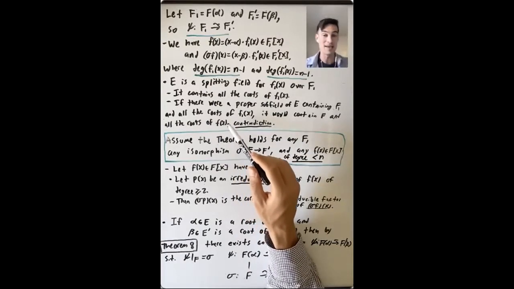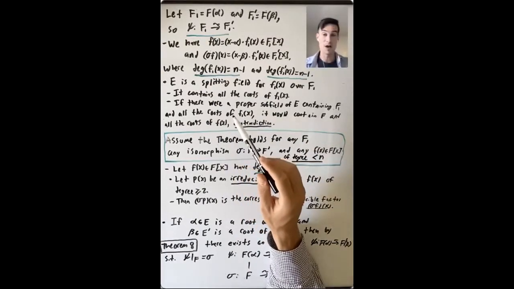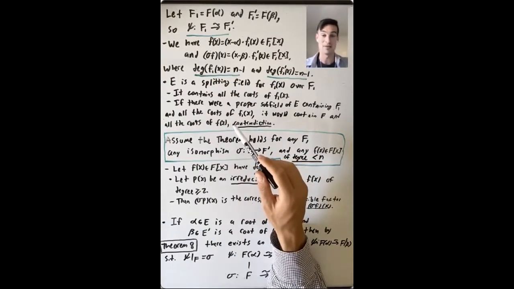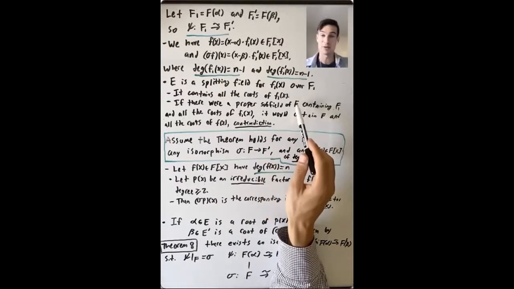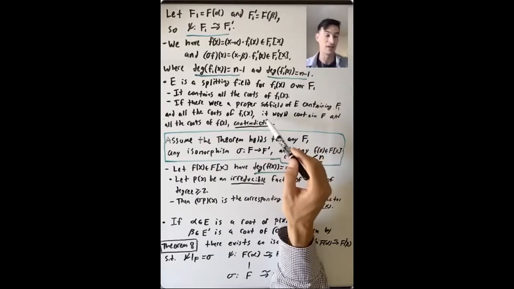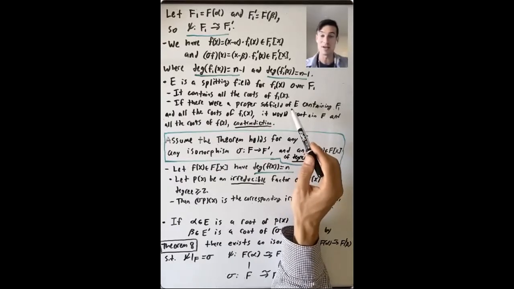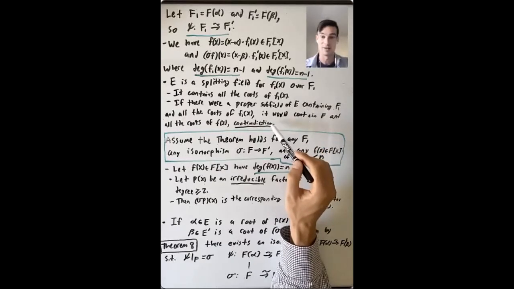So it would be a field over which f of x split completely into a product of linear factors. So this would be a contradiction if there was a proper subfield of E over which f of x split completely into a product of linear factors. And because we started by saying E was a splitting field of f, this is a contradiction.